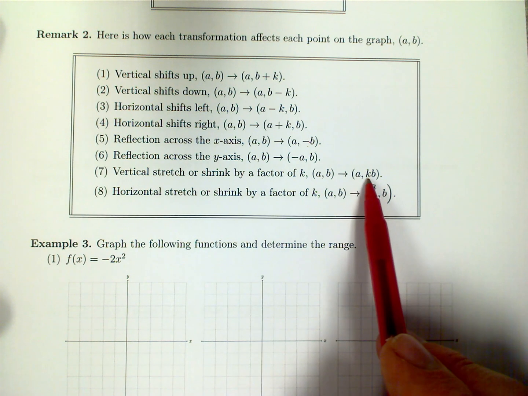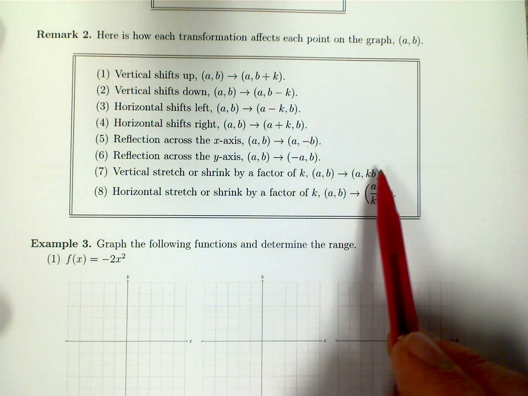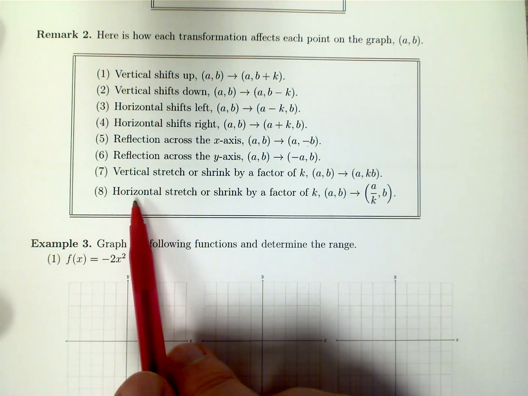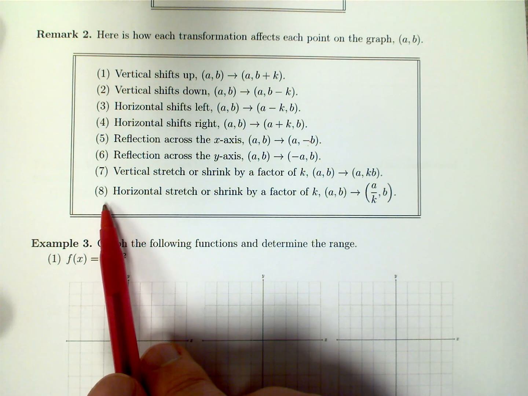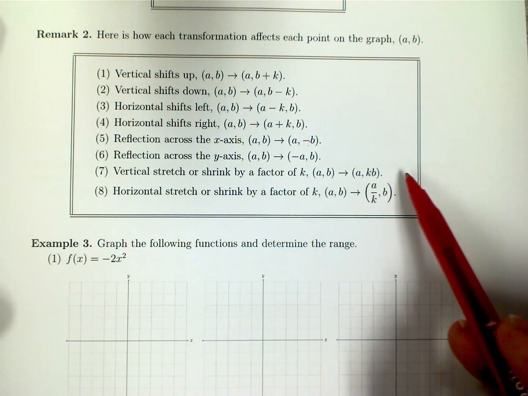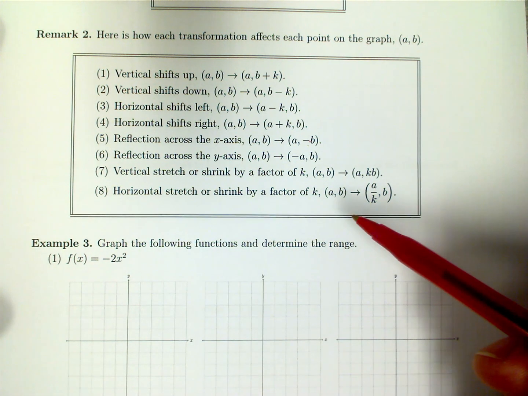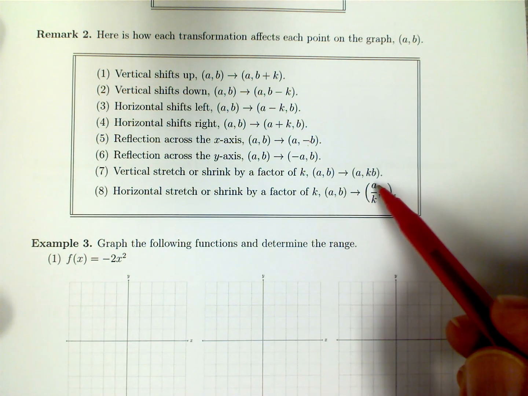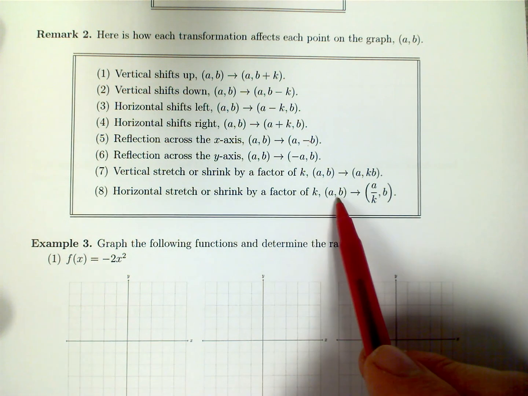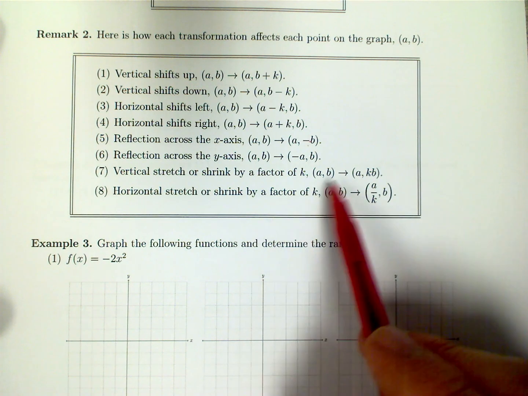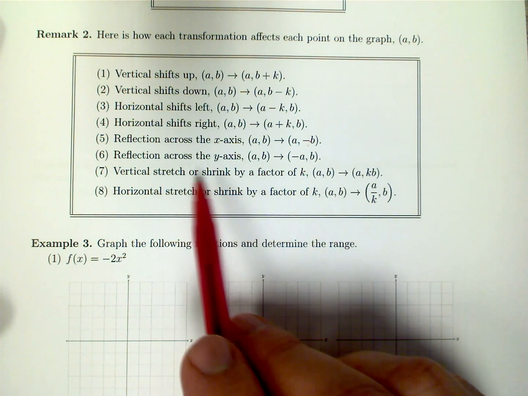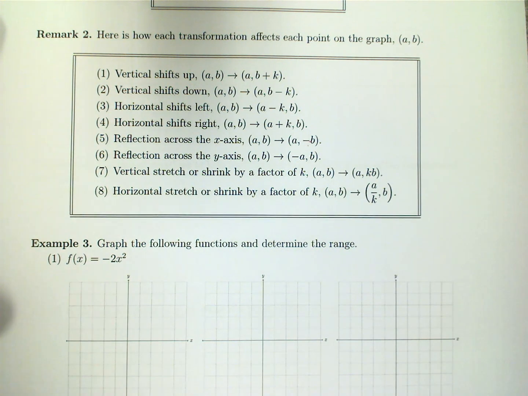We just multiplied the factor to the y-coordinate. But when you're dealing with horizontal stuff on the inside of the function, it's backwards from what you would think. So if you're multiplying by k, to find the new point, you actually divide by k, and you do it to the x-coordinate, versus the vertical stuff where you do it to the y-coordinate.